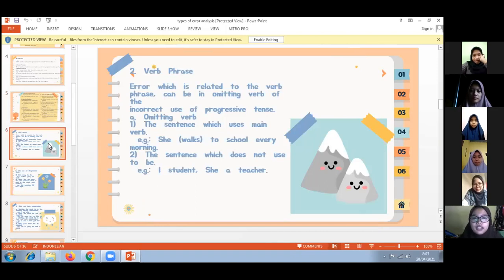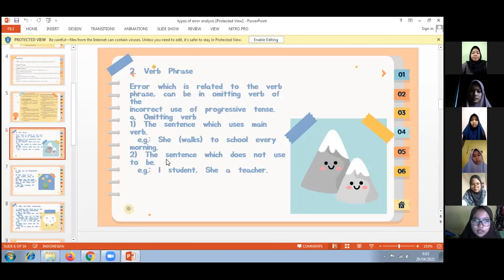Okay, I'll continue the next material about verb phrase. Errors related to the verb phrase can be in omitting the verb or the incorrect use of progressive tense. The first is omitting the verb. The sentence which uses a main verb, for example, she walks to school every morning. And the second sample is the sentence which doesn't use to be.